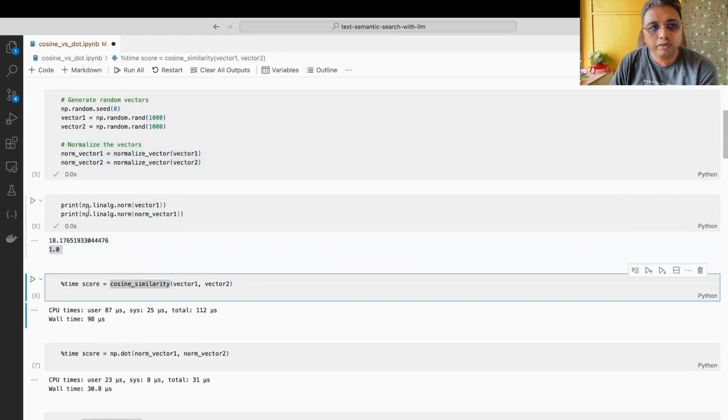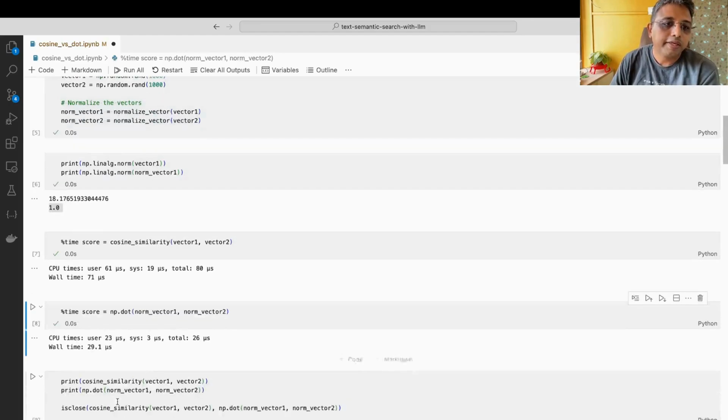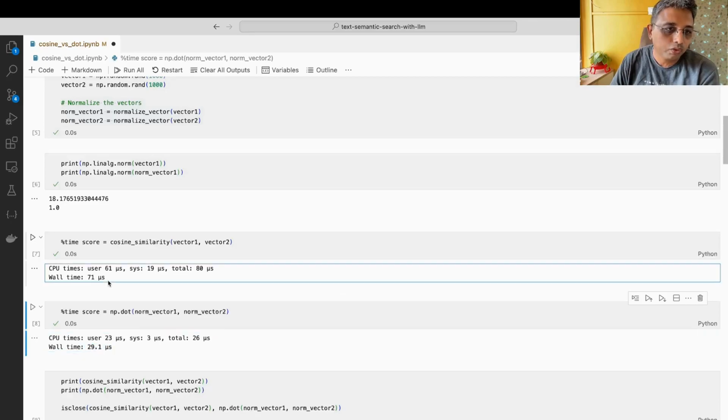Now for both of these vectors, vector 1 and vector 2, when they are not normalized and we calculate cosine similarity, it takes around 71 milliseconds, sorry. And here the wall time for the dot product calculation is lower compared to the cosine similarity calculation.